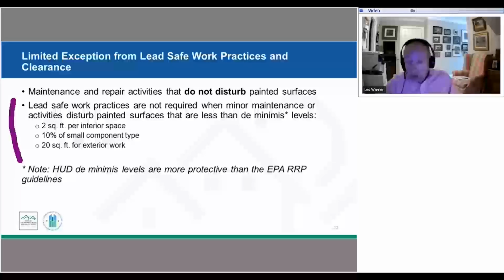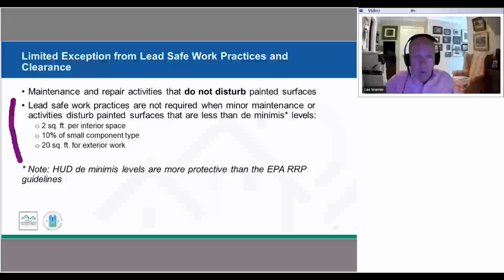They're always encouraged, obviously, to be used. So I think you really have to analyze what's involved, where this water heater is, and what those surrounding areas are to determine whether it's actually going to disturb paint, and then also whether you might be able to work under that de minimis rule. And you would want to document the basis of that within your file.